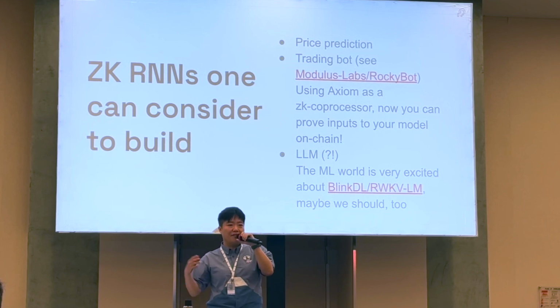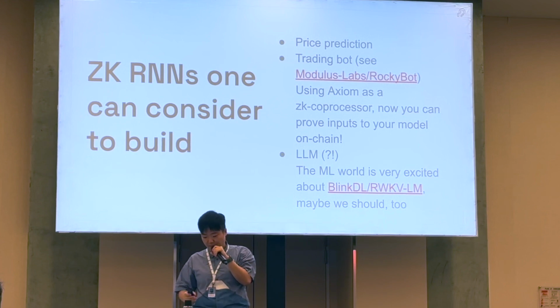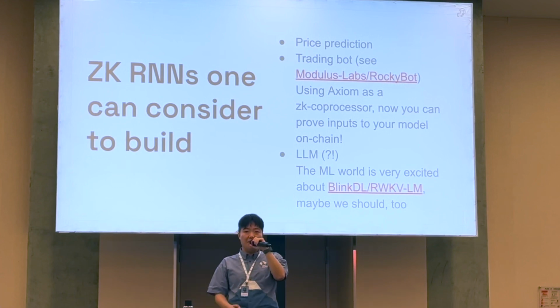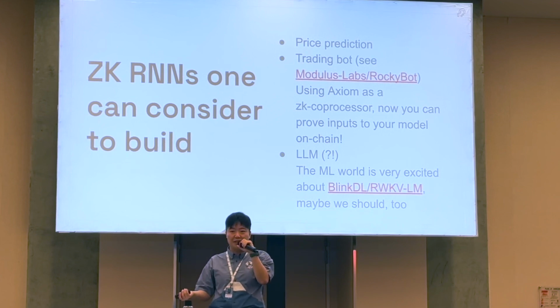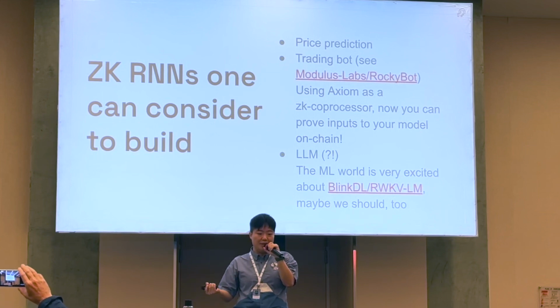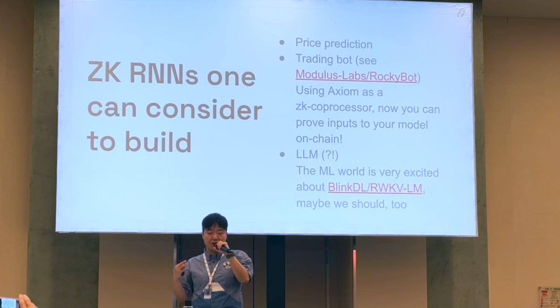Right? So some of the recurrent neural network use cases that I can think of are, for example, price prediction. If we have some time series forecast, you can use a recurrent neural network and try to model price prediction. The second thing is actually trading bots.